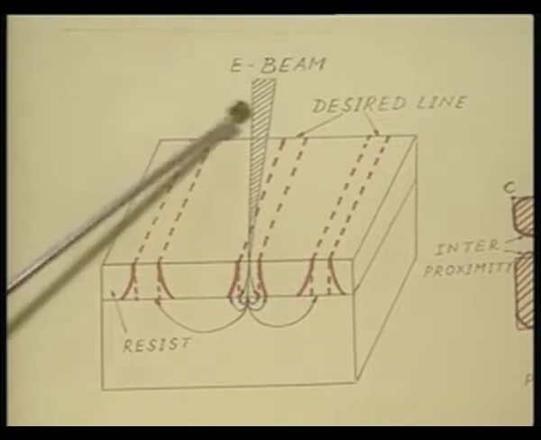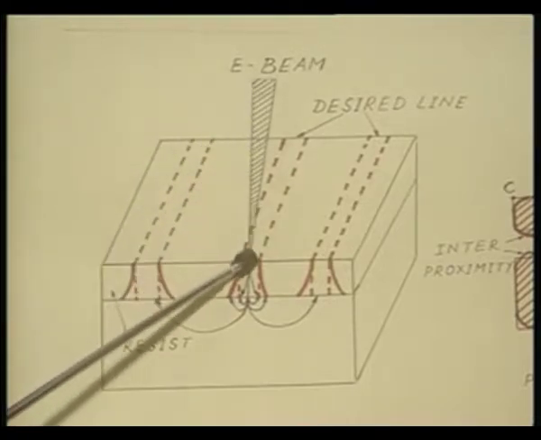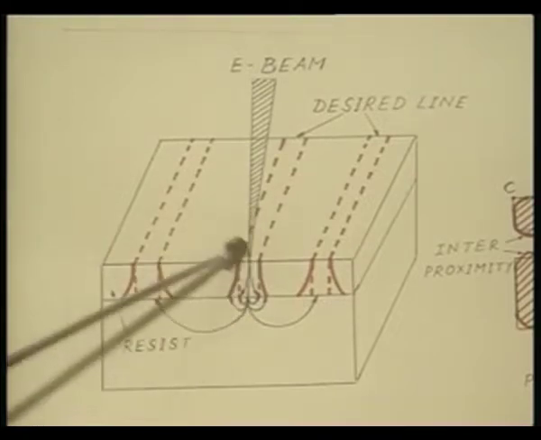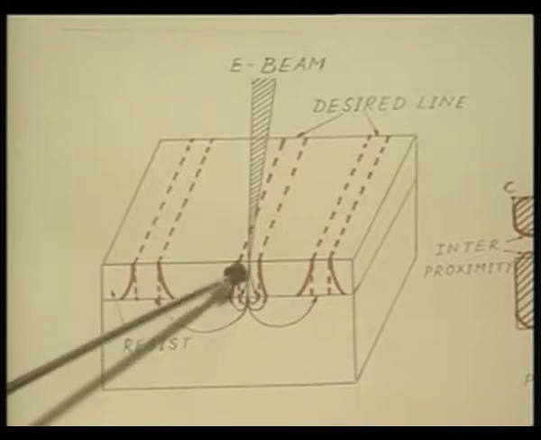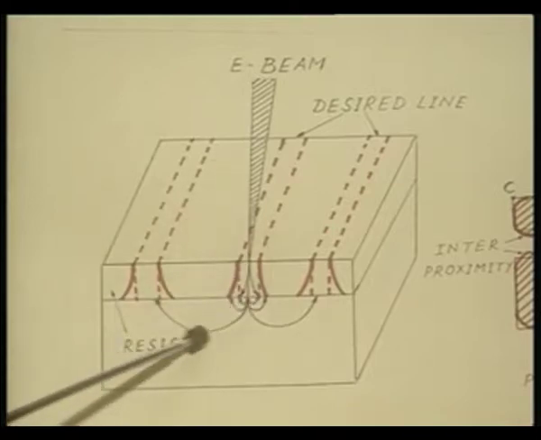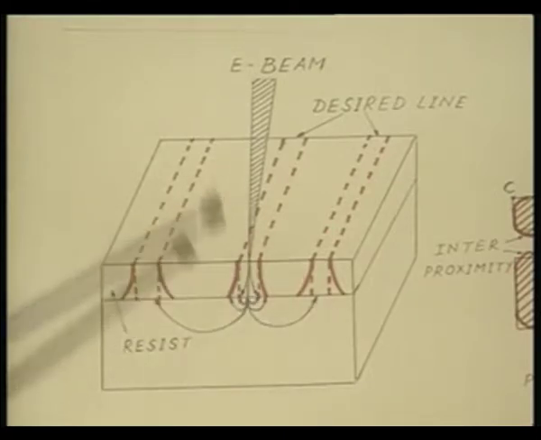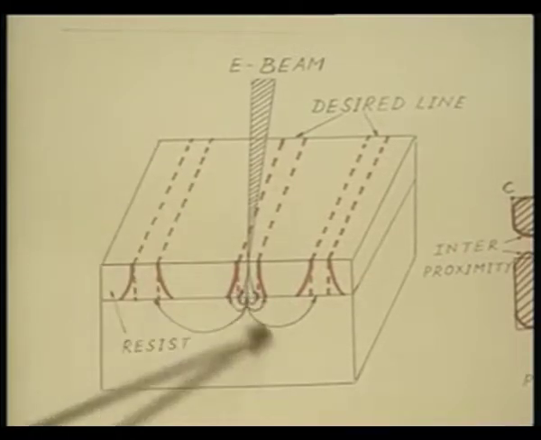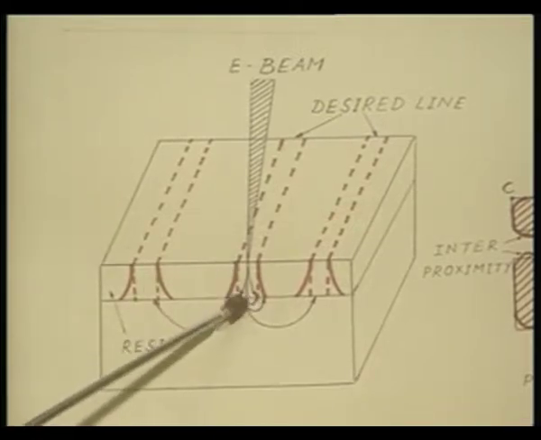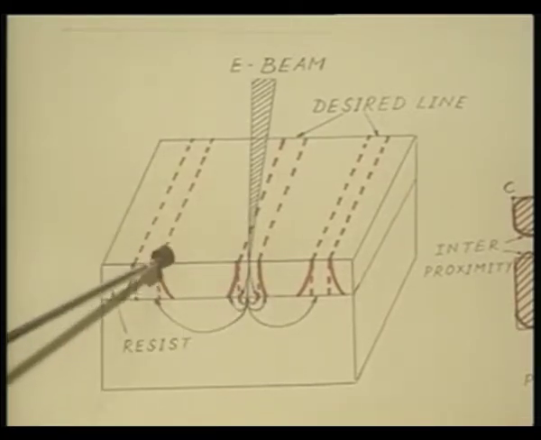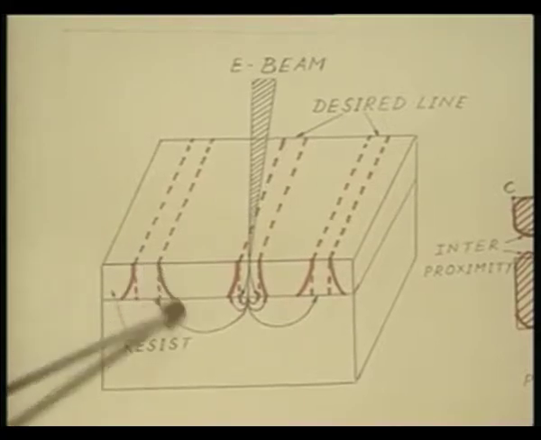Now, what is happening is this: as the E-beam is focused onto this, there is going to be considerable scattering of the electrons, and the curved arrowed path actually shows the scattered electrons. The scattered electrons can actually go quite a large distance away from the original pattern, and this will therefore cause broadening of the actual feature size, as has been shown by the red solid line here.